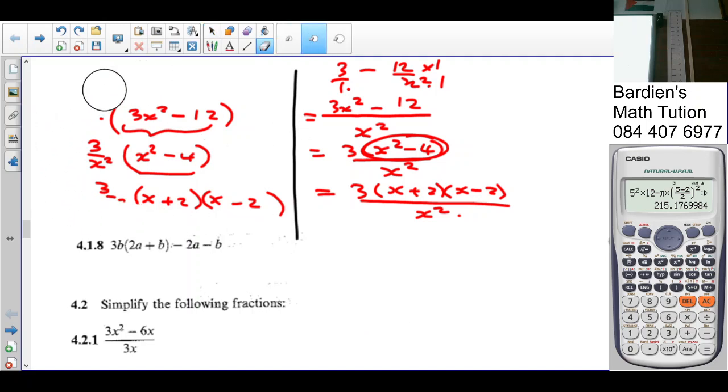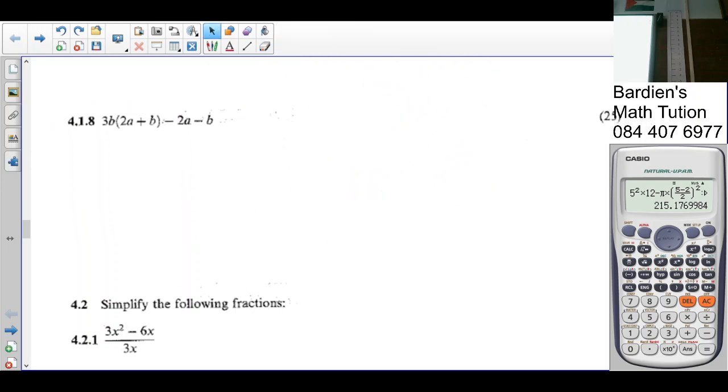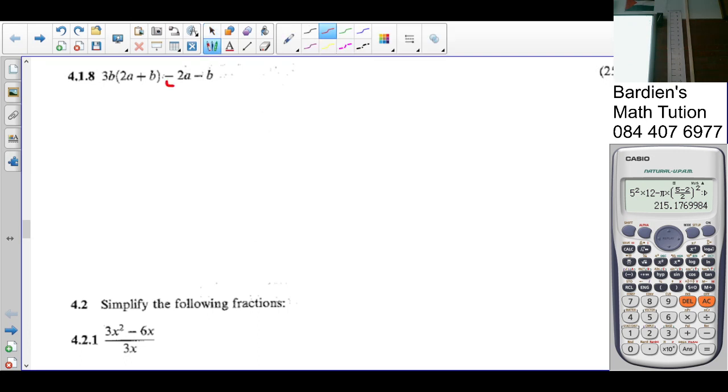The next one, as you can see, I'm running out of space here. Move this up. The next one, what can be done here? Negative as a common factor in the last 2 terms. So it's 3b into 2a plus b minus, but take negative out as a common factor, what am I left with? 2a plus b.